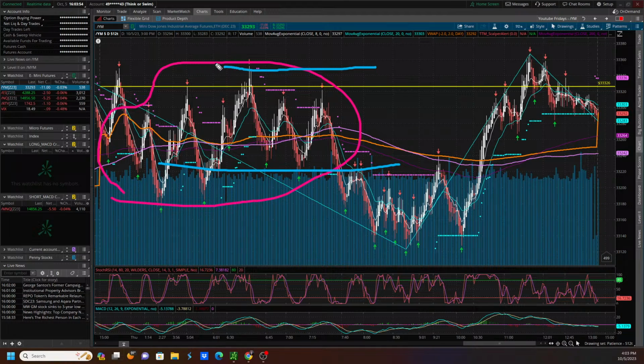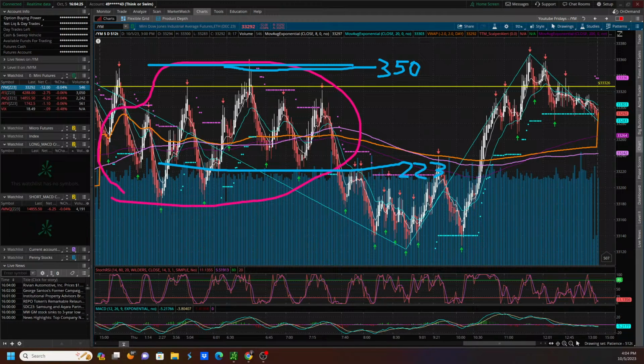So support and resistance. The number for this one is roughly 350, that's 33,350, so I'll write that down for reference. And on the bottom, let's just say roughly 223. Again, my support and resistance is not perfect, but this is just for illustration purposes.